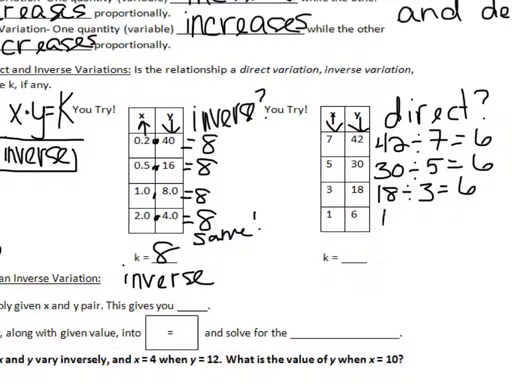And last but not least, 6 divided by 1 is also 6. So since they're all the same, and they both went down, or they could have both gone up, this is direct, and the k value is that number that's all the same, which is 6.